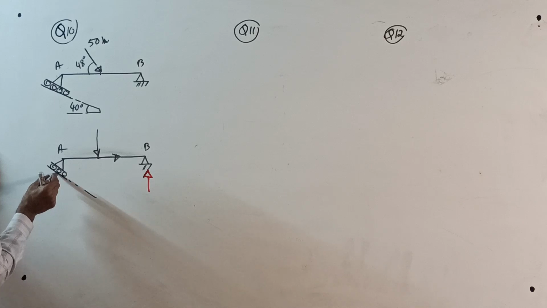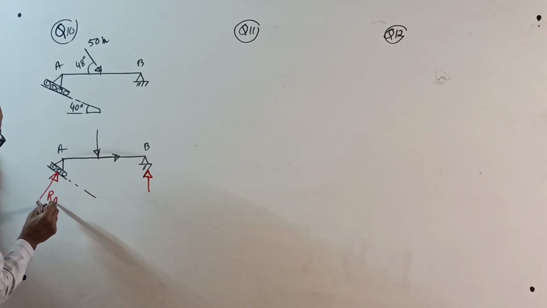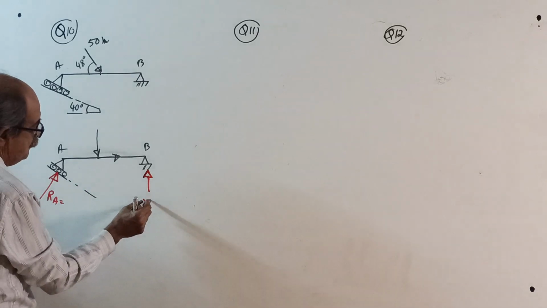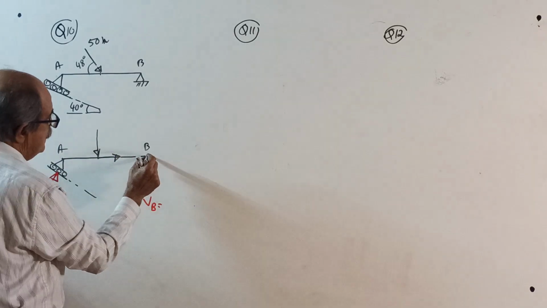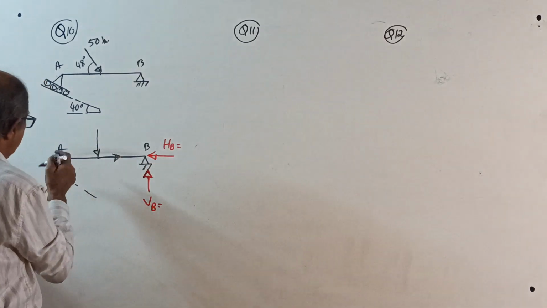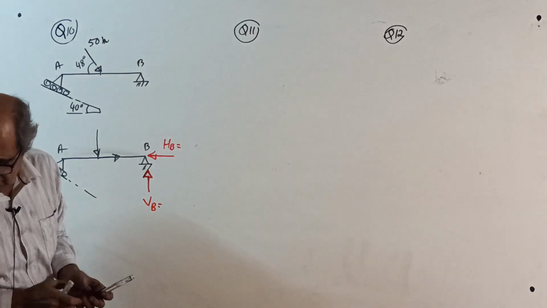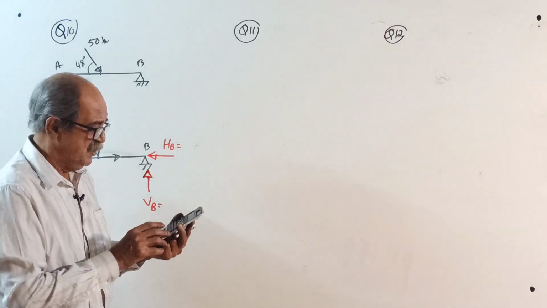Then this reaction, normal to the plane. This is RA, perpendicular to the plane. This is VB. This is your HP. It will come left side. Here no reaction. Answer. If further case is there, SFD BMD chapter I will do it.